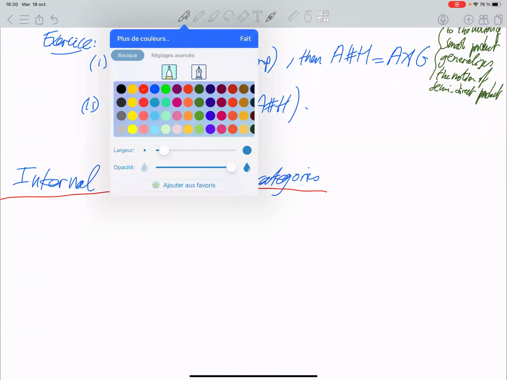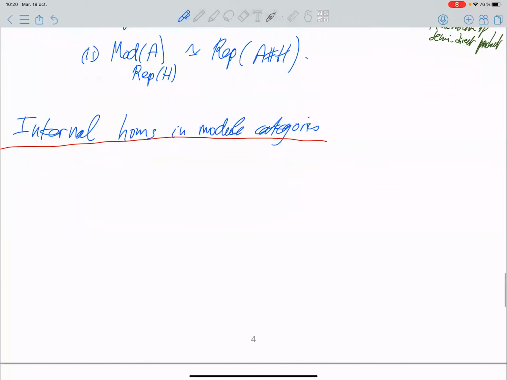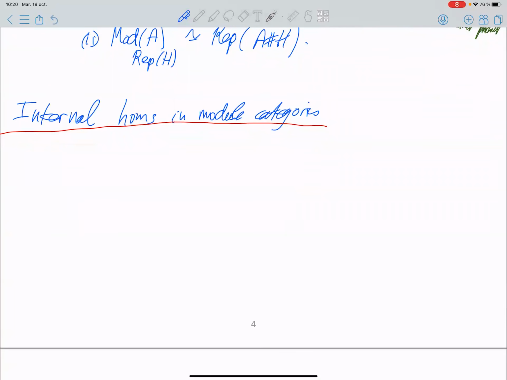Okay, so let C be a multi-tensor category.